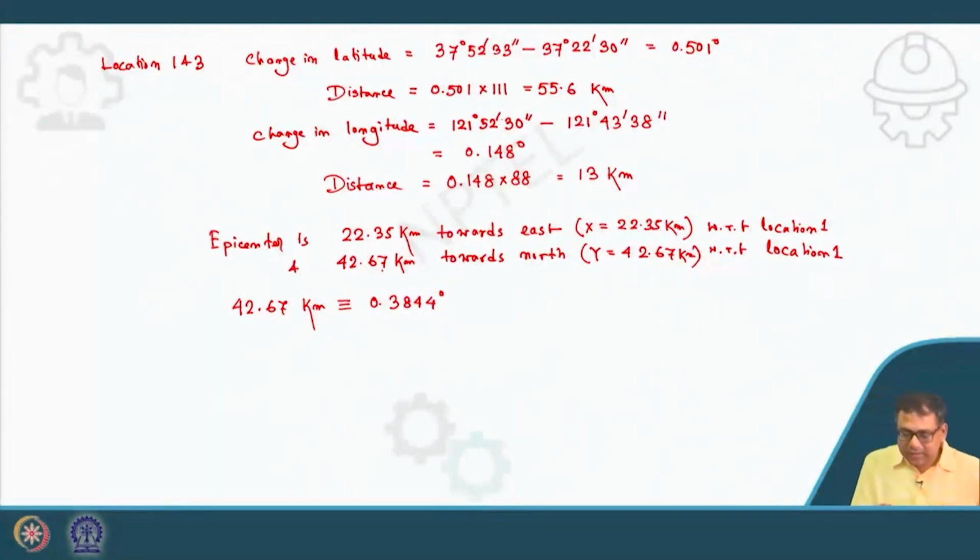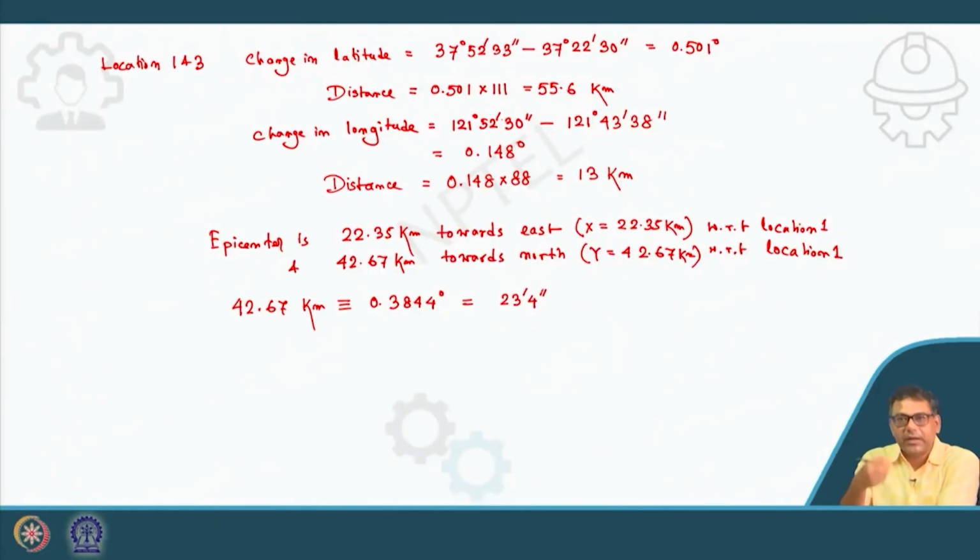For 1 degree change, it is 111 kilometer, or you can say 111 kilometer change is equal to 1 degree. Now 42.67 kilometer change will be how much? Then you can calculate the degree, and you can convert it in terms of minute and second. That will be 23 minute 4 seconds.